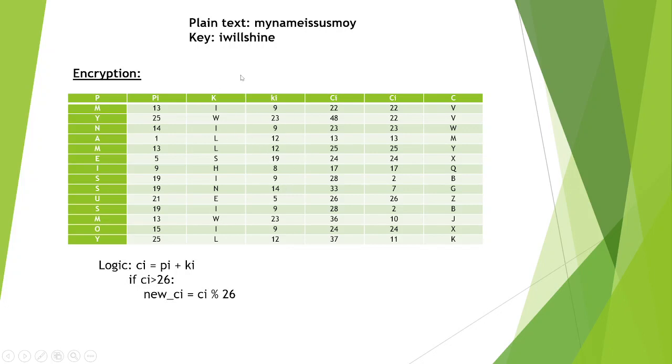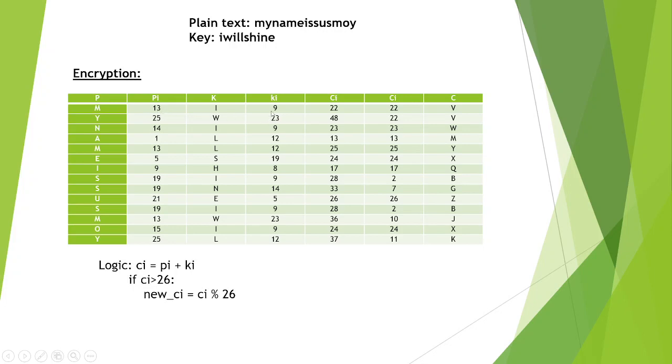So for plain text to ciphertext, we call it encryption. For encryption we need to find out Ci. So how can we find it? Here you can see the logic. Ci equals Pi plus Ki. That means we need to sum Pi plus Ki.